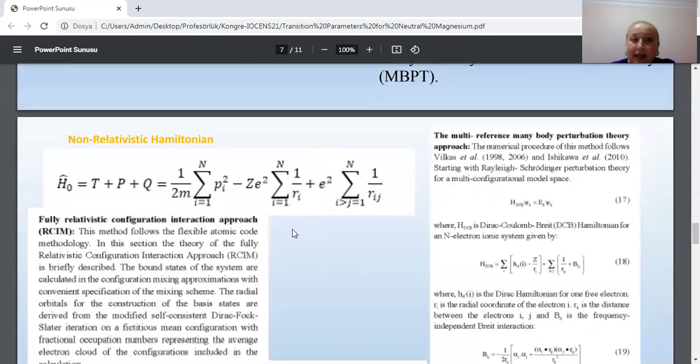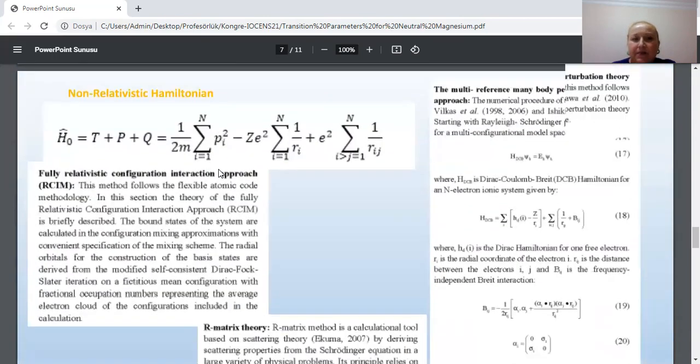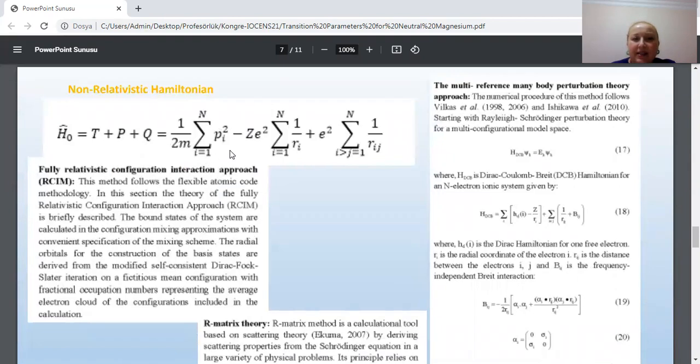You can see the non-relativistic Hamiltonian, which shows the kinetic energy of the electron, the potential energy of the electron-proton interactions, and also the other potential energy, the electron-electron interactions.